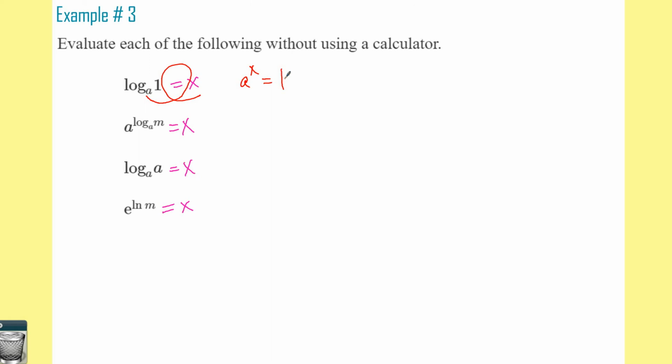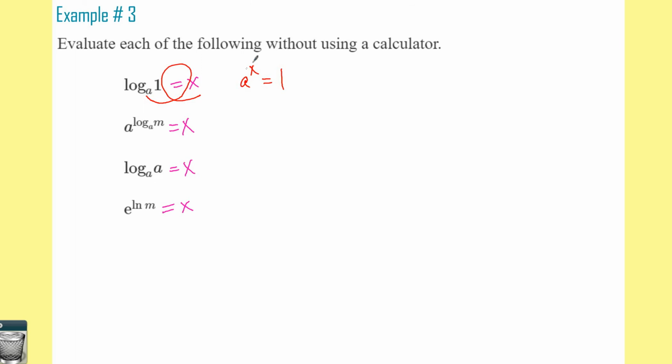Well, a has to be 1, right? 1 to the first power, 1 to the 5th power, 1 to the 100th power, right? Okay, so now we want to know what x is.